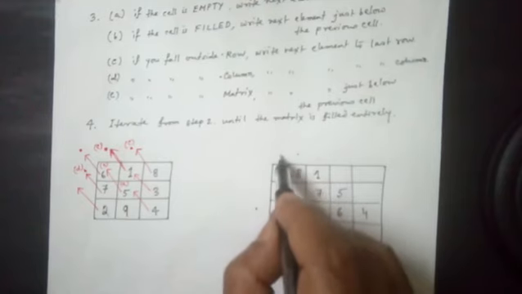Move diagonally upward, this cell is already filled, so go to the previous cell, 5 is the previous cell, write just below it, 6. Okay, next again move diagonally upward, that is 7, diagonally upward 8, diagonally upward. Here we are now outside the row, so go to the last row, that is 9.